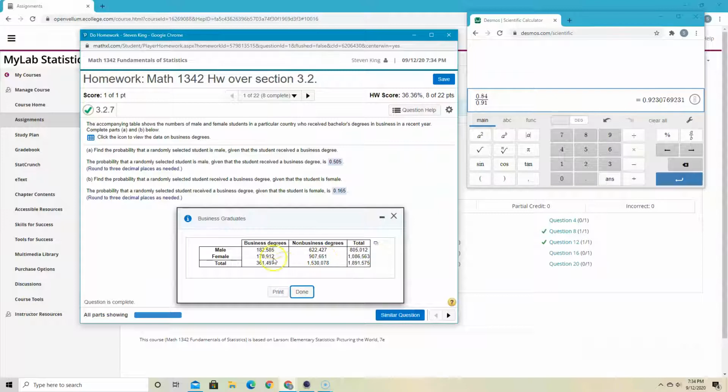If we now add up this column, these 2 numbers, that's the male students who had business degrees plus the females who had business degrees. You add up all those and you get the total number of business degrees in that country in that recent year, totaling 361,497 students. Add up the non-business degrees from both the male and female, they add up to 1,530,078 students.